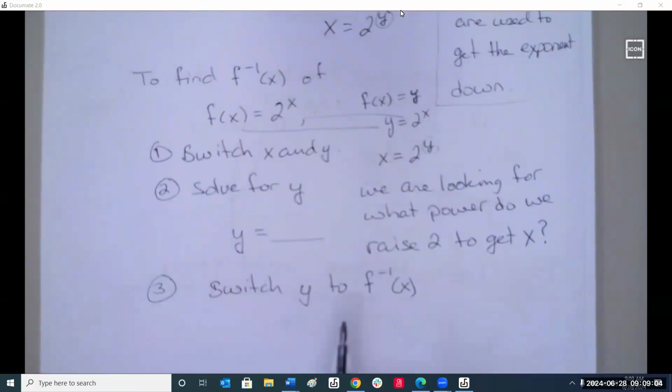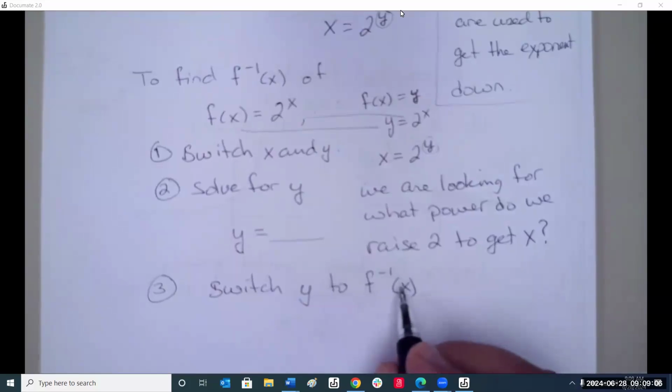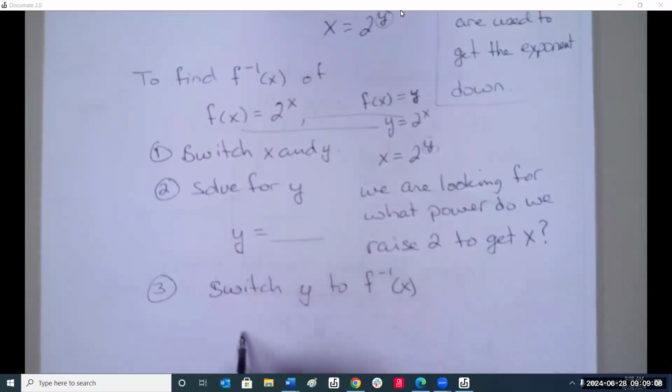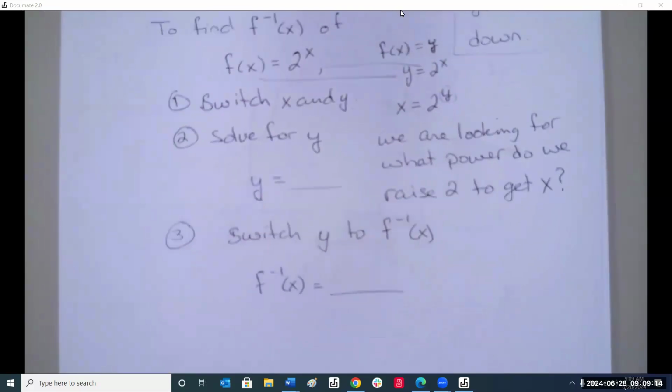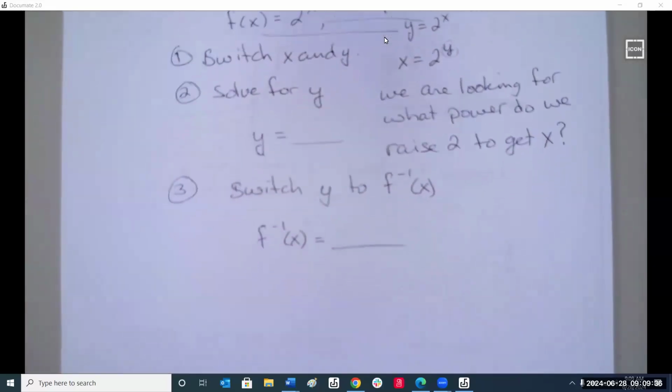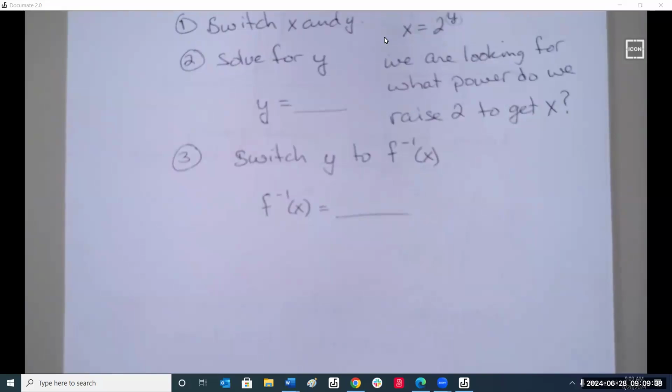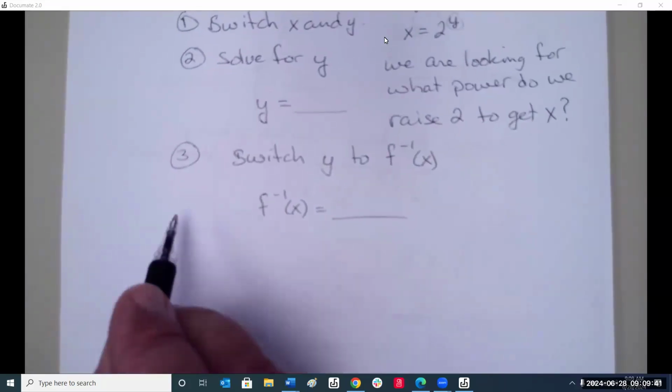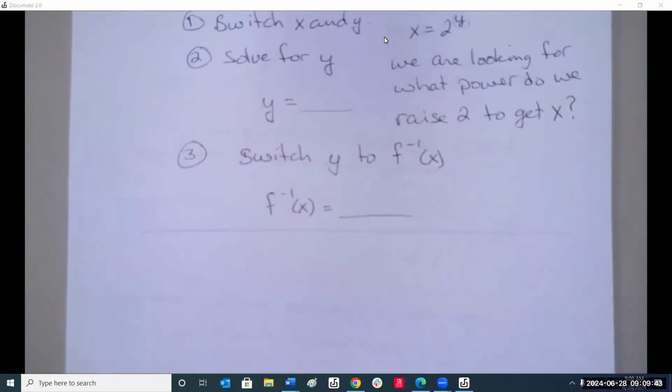So we switch y back to f inverse, and that's what we're finding. So that is the procedure that we're going to do.